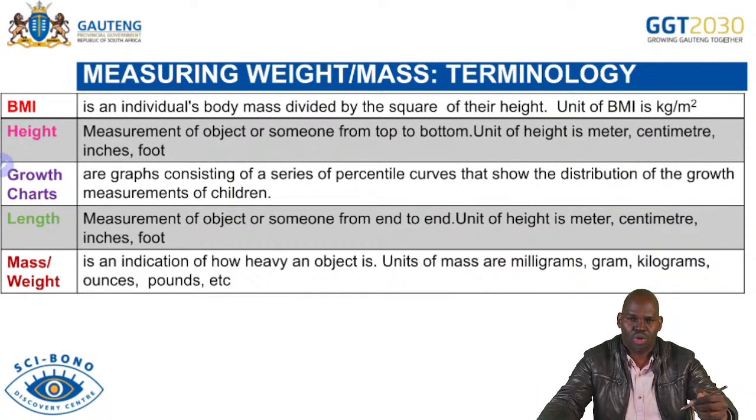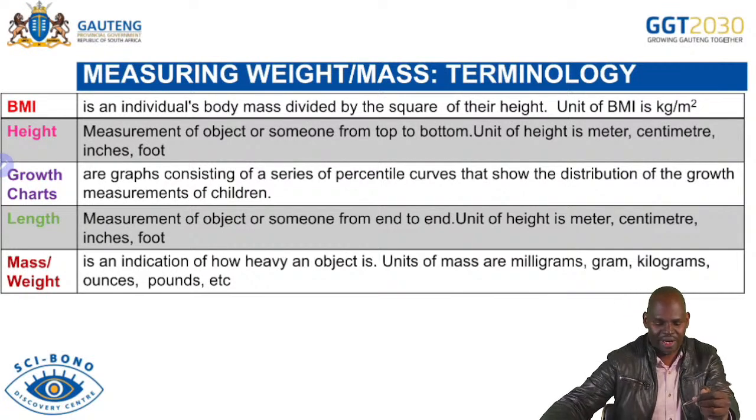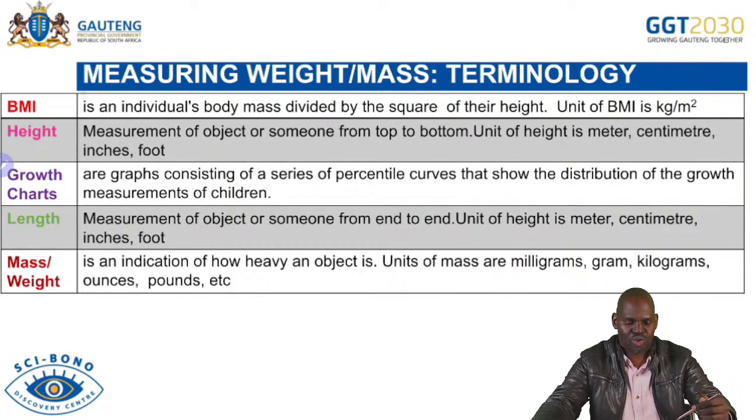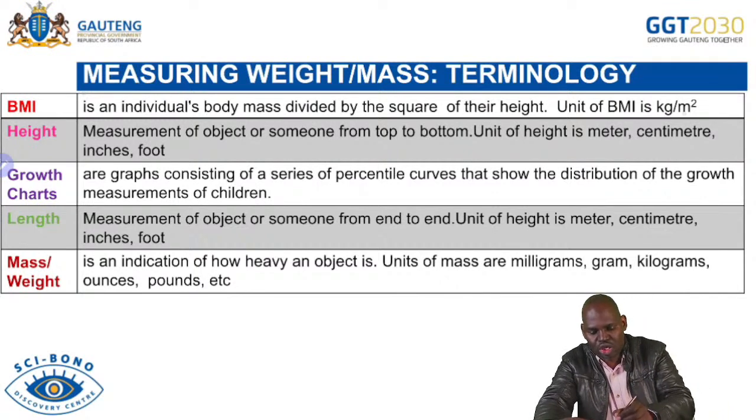Now, some of the terminologies that we are going to encounter in this lesson, the first one obviously is BMI. We need to know how to define BMI. BMI is an individual's body mass divided by the square of their height. The unit for BMI is, of course, kilogram per square meter.